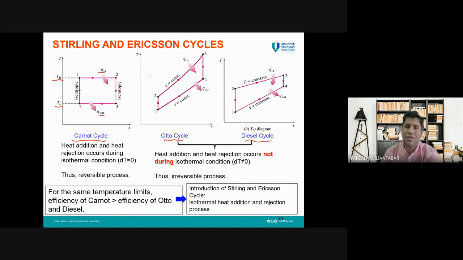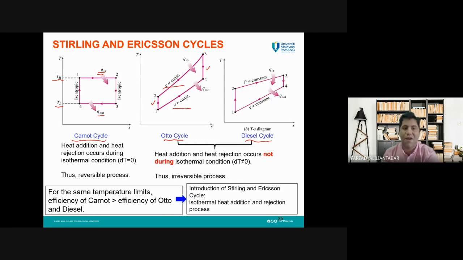You can see in the TS diagram for these two types of cycle, for the Otto cycle, we have these two isentropic processes, but the processes from state 2 to state 3 and from state 4 to state 1, instead of isothermal heat addition and isothermal heat rejection, are constant volume heat addition and constant volume heat rejection.